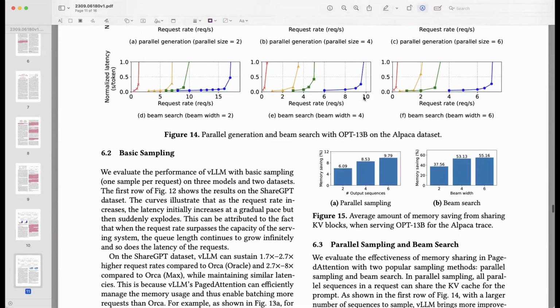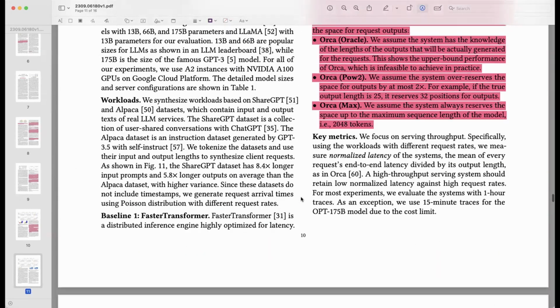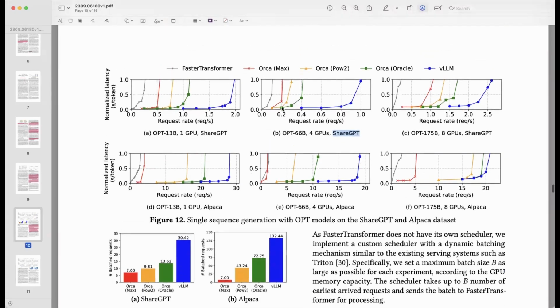This is Neha, I'm struggling a little bit with what that graph is saying. What are the data points on there, and why do they go off the top of the chart? So let's look at one example, the green one here. The green one is for Orca Oracle.